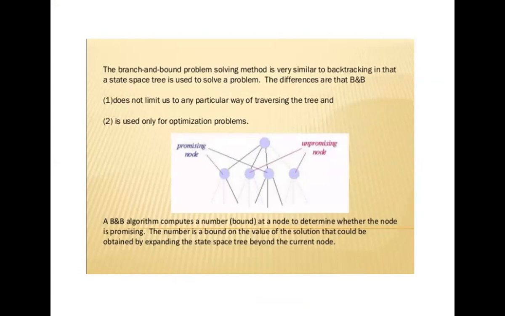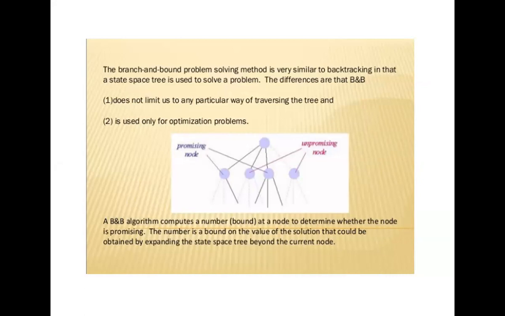The leaves are the set of candidate solutions. Before enumerating the candidate solutions of a branch, the branch is checked against the upper and lower bounds on the optimal solution.